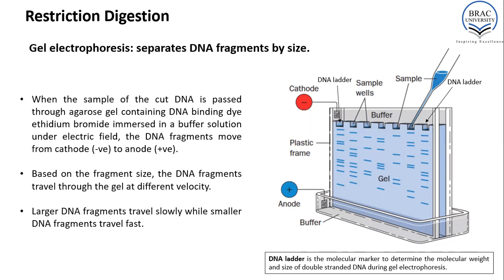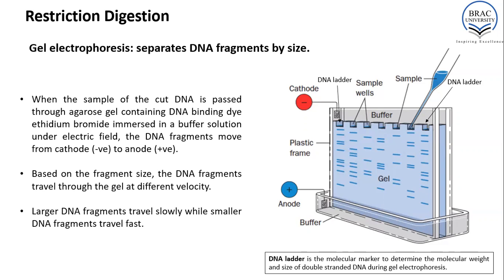And if you recall, for running your samples, you always run 2 samples: one which is untreated, that is, not digested with the restriction enzyme, and the other which has been digested with the restriction enzyme, so that you can compare the same sample, treated and untreated, and you can compare the size against a reference, the DNA ladder.